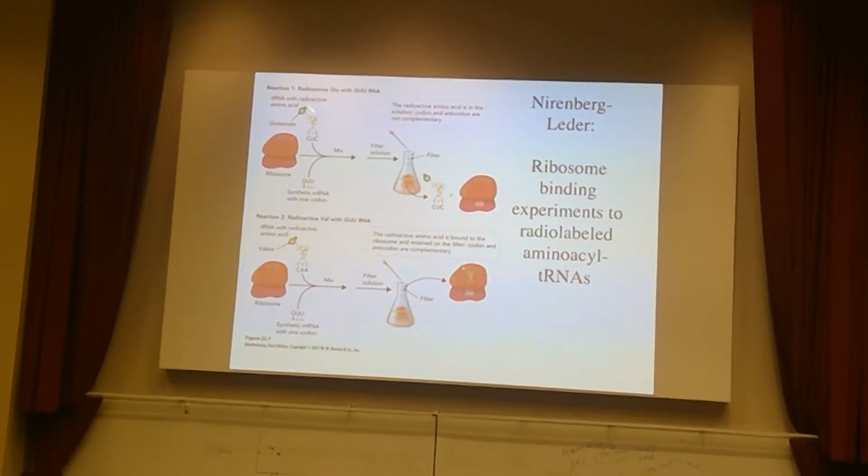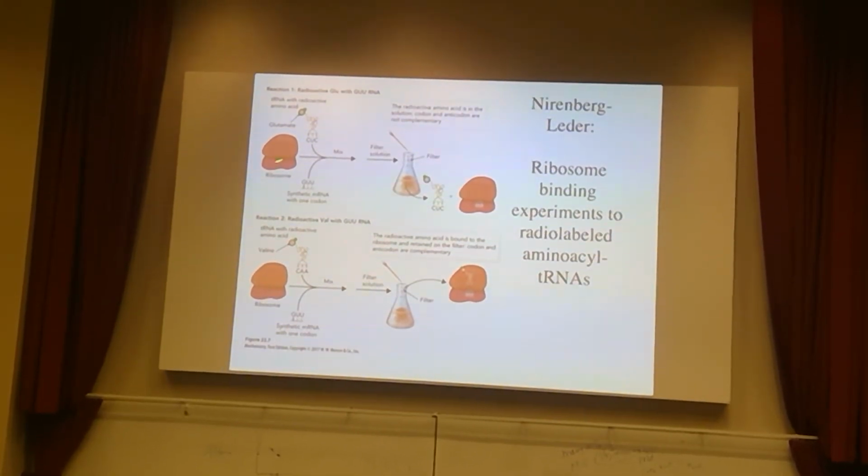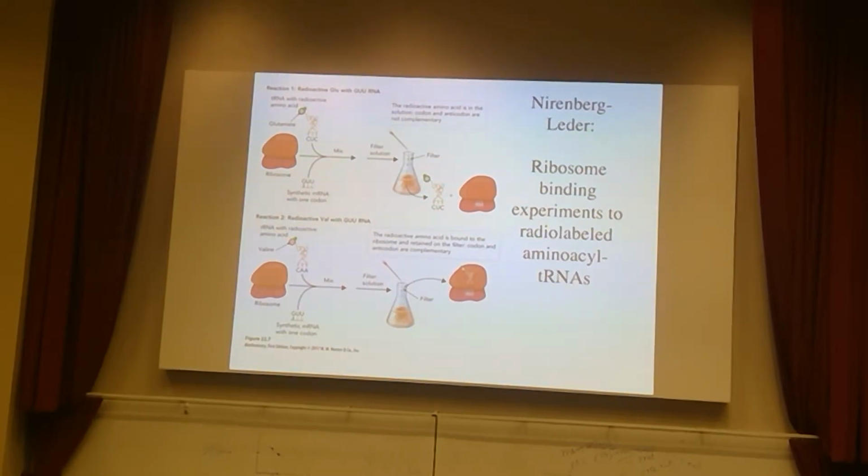And then we're going to ask the question about, is glutamic acid encoded by this synthetic mRNA with this particular codon GUU? Right? So we load that mRNA onto the ribosome, and we just ask the question, is there a binding reaction here? The answer is no. This codon and anticodon don't match up. There's no Watson-Crick hydrogen bonding complementarity. There's no effective binding, and as a result, this remains essentially a small species that goes right through a filter and is not bound onto that filter.